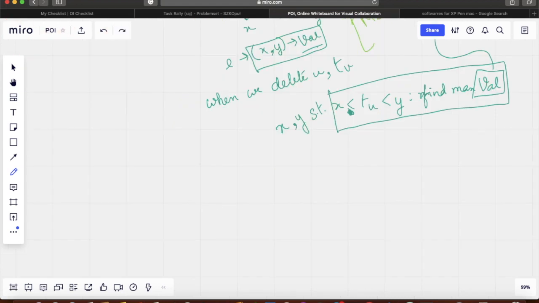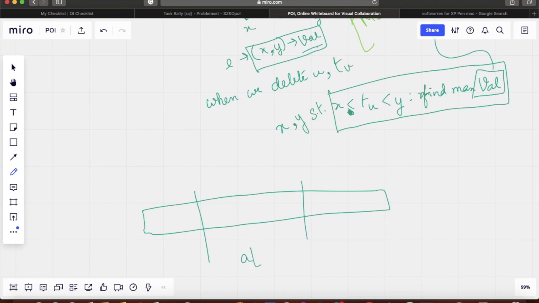One possible method is to keep an array, and then for every position i between x and y, so let's say for every i such that x less than i less than y, it becomes max of val comma ai.